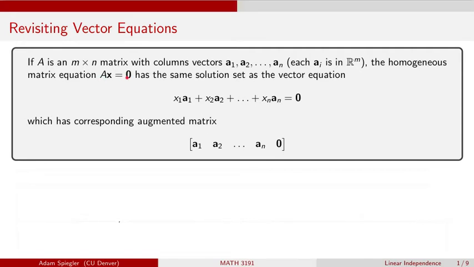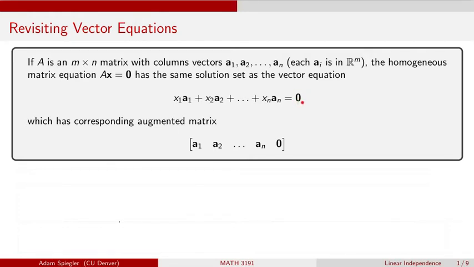Recall that this matrix equation, based on how we defined multiplication between a matrix A and a vector x, is equal to this vector equation, where we take x1, a scalar, the first entry in vector x, times column vector 1 of matrix A, plus x2 times column vector 2 of A, all the way up to xn times the last column vector of A, and we set that equal to the 0 vector, which is also bold font.